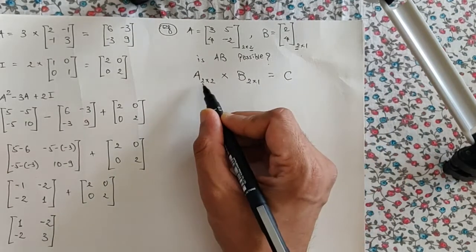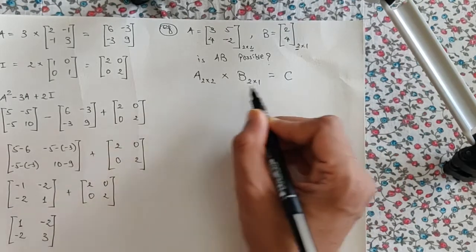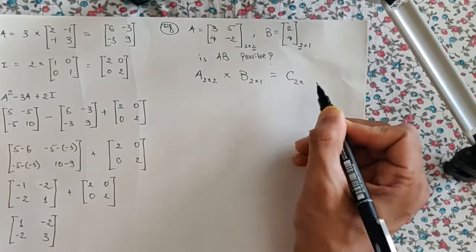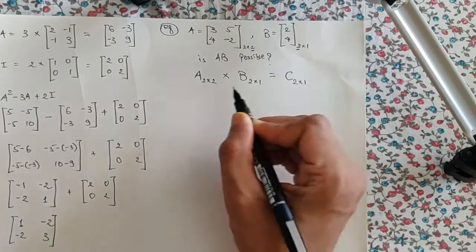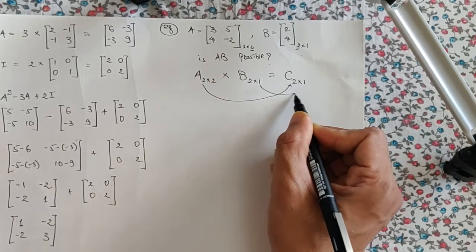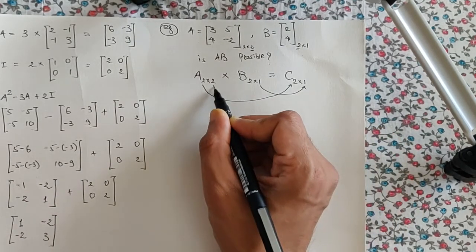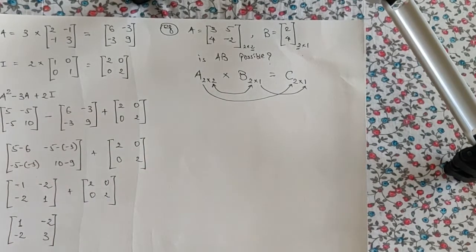The product will have the number of rows equal to the number of rows of the first matrix, and the number of columns equal to the number of columns of the second matrix. So this 2 comes over here, this 1 comes over here, and the compatibility of these two should match. These two should be equal.